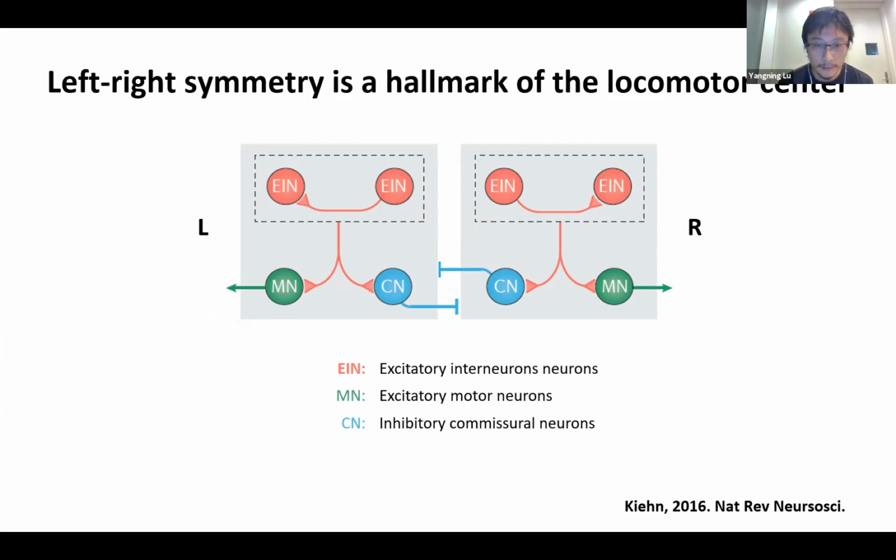Take, for example, in the left-right locomotor center, there are excitatory motor neurons that activate left and right sides equally. In between them, there are commissure neurons that relay the cross inhibition, so that these two left-right locomotor centers can coordinate, antagonizing each other and at the same time generate an equal level of locomotor behaviors on left and right sides.